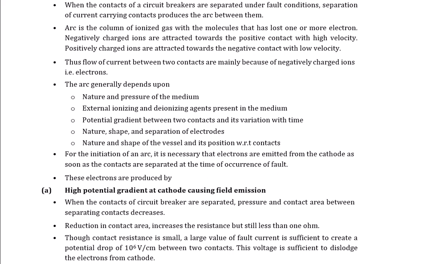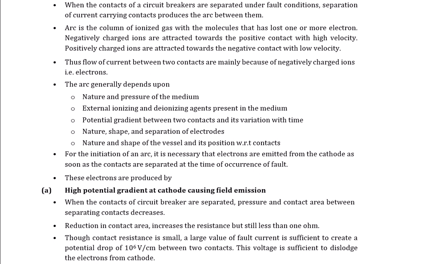So when the contact is separated, the medium between the contacts gets ionized and current starts to flow until the ionization becomes lower, up to the level that does not sustain the current between the contacts. Okay, so we have to stop this ionization, or we have to take this ionization from between the contacts, so that we can stop the arc between the contacts.